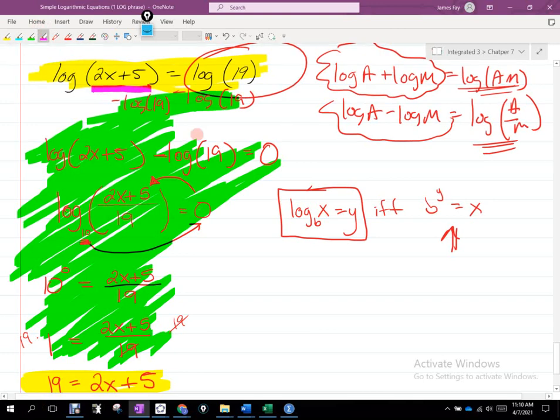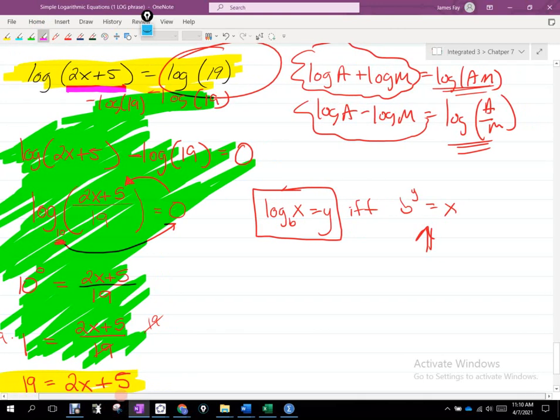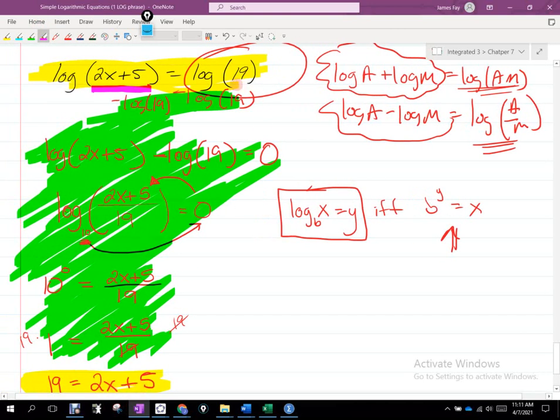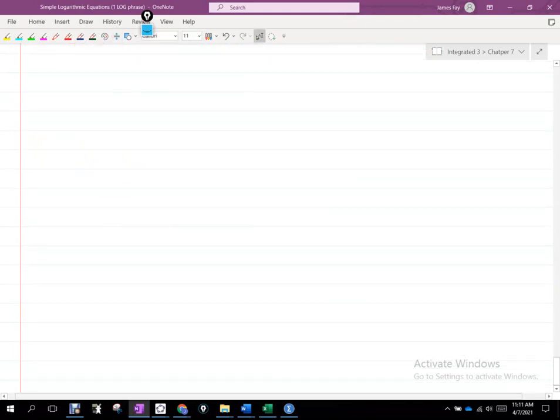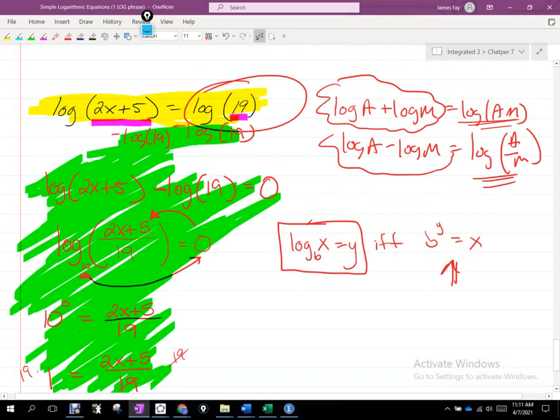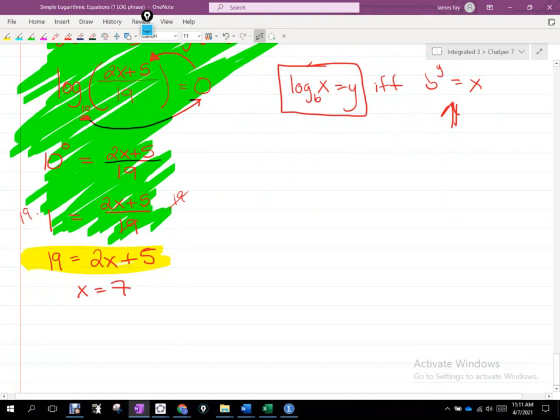This here ends up being that right there, the 2x plus 5. And that there becomes the 19. The reason that works is because of what we just went through. But that is referred to as what we call a 1-to-1 correspondence.